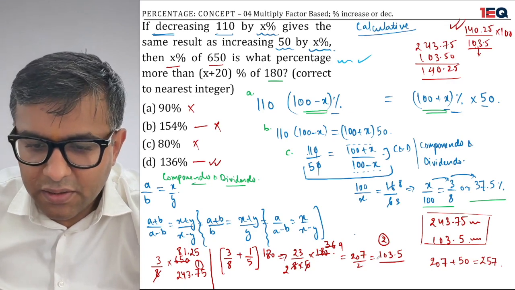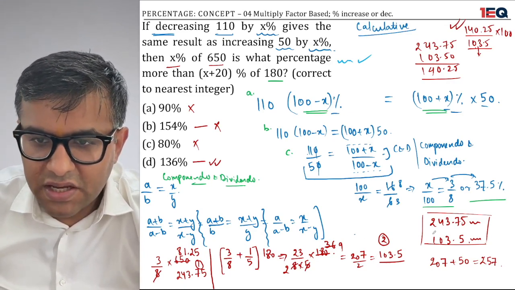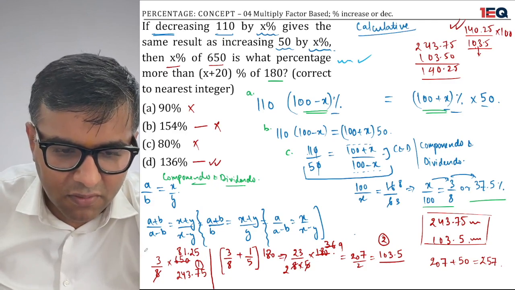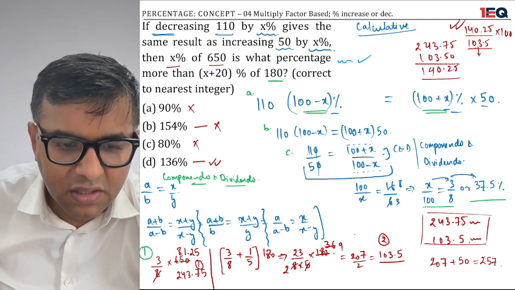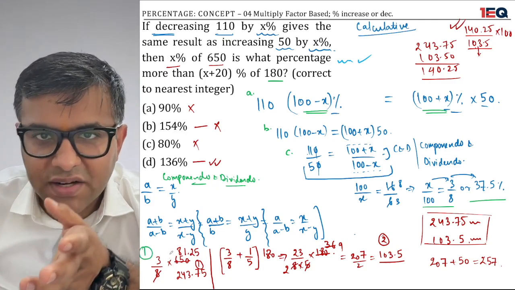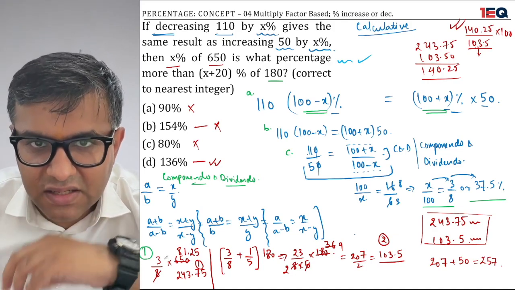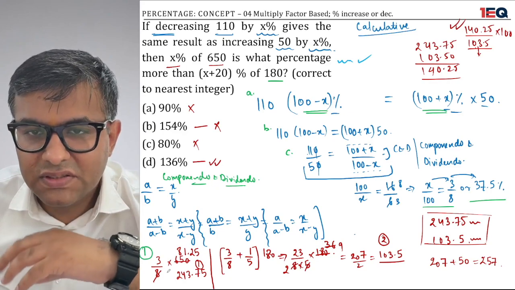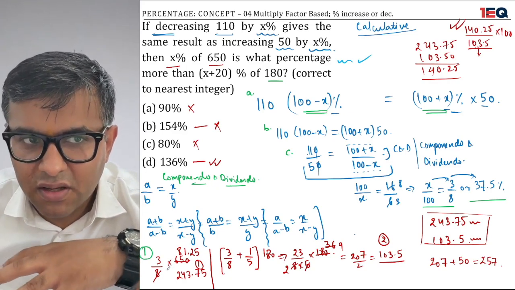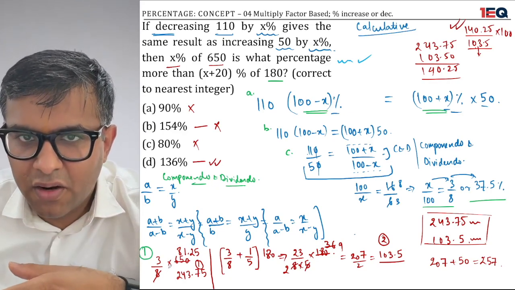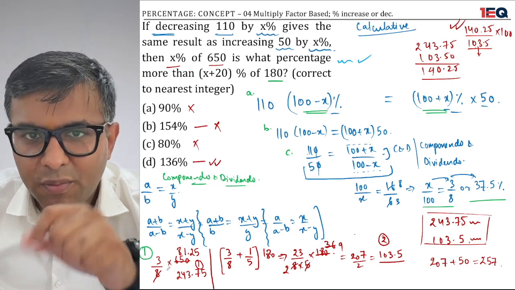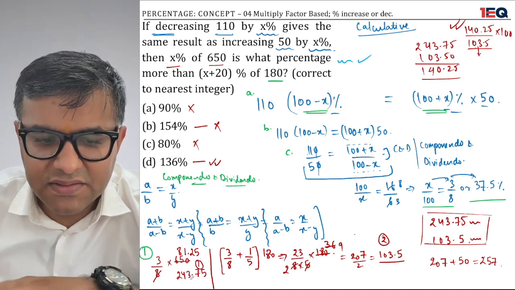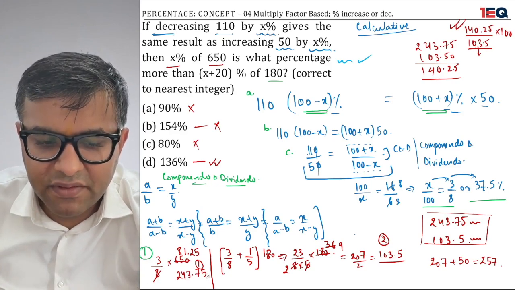If you'd see here, this is the first equation I came out with. In the first equation I did not use 37.5. I still hung on to using 3 by 8, because solving using fractions is an easier way out instead of using the full percentages itself. 3 by 8 multiplied by 650 would give me 243.75.